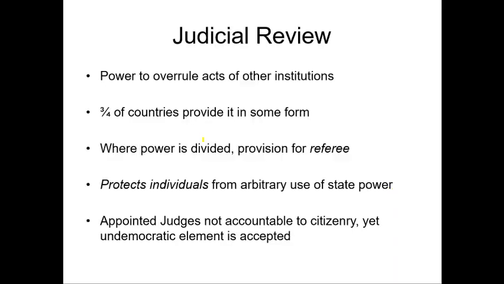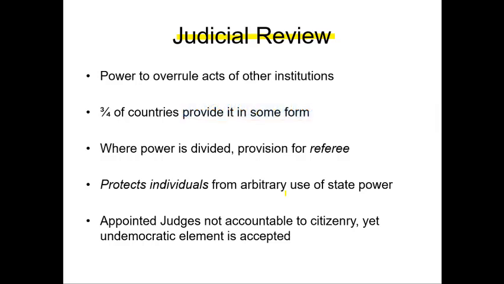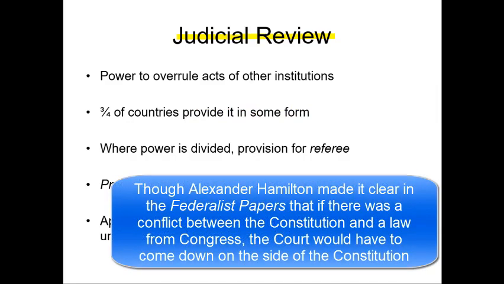Now let's talk very briefly about this concept of judicial review, which the courts pretty much gave to themselves. The famous 1803 case, Marbury versus Madison, where Justice Marshall ruled that part of the Judiciary Act of 1789 was unconstitutional. That was a pretty big deal, even though the case was relatively minor.